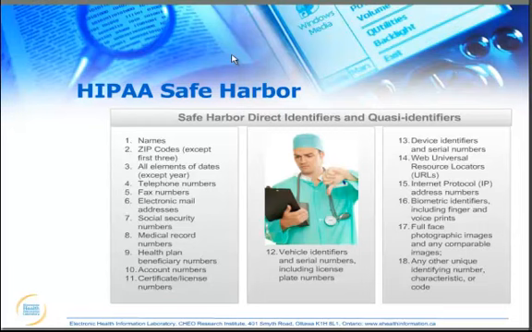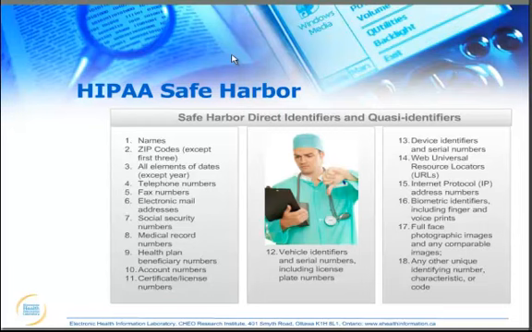So oftentimes you end up removing useful variables from the data set. And if you look at item 18, any other unique identifying number, characteristic, or code also means that, for example, pseudonyms that are derived from patient ID or provider ID would not be acceptable.